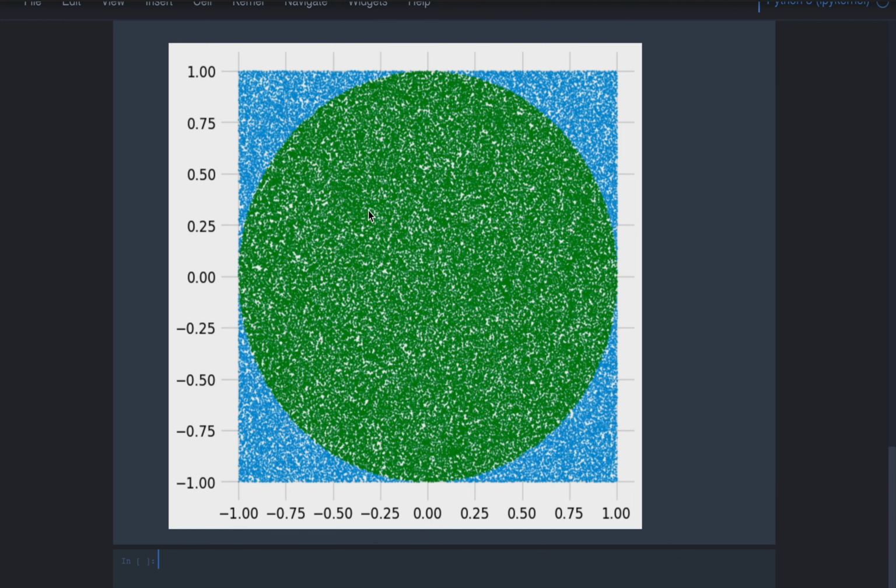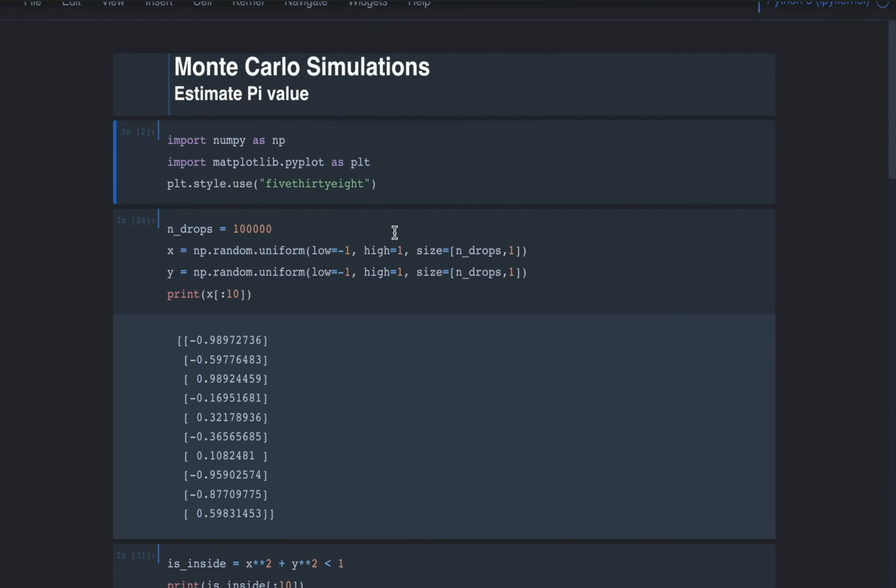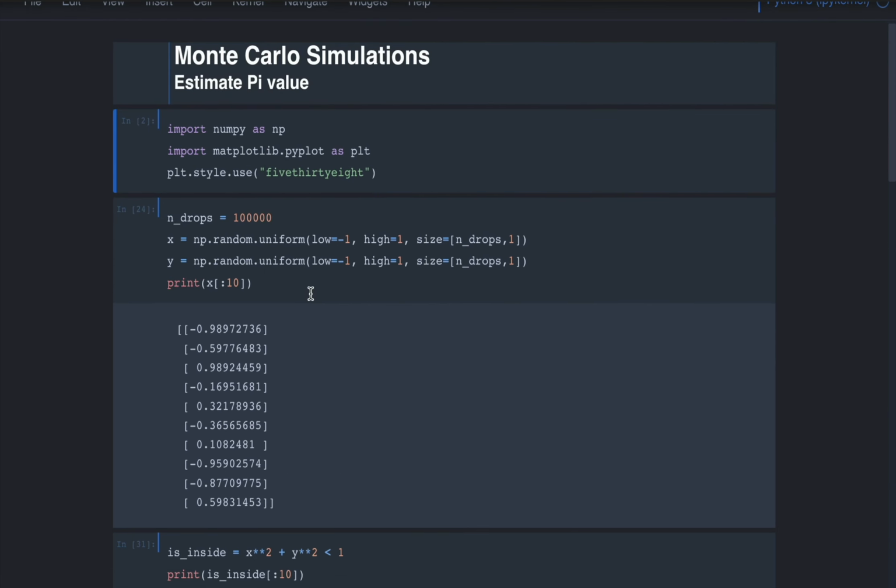Now we are asking the question, what is the probability that the raindrop falls within the circle? After we find out the answer to that question, then we will find out how we can estimate the value of pi.